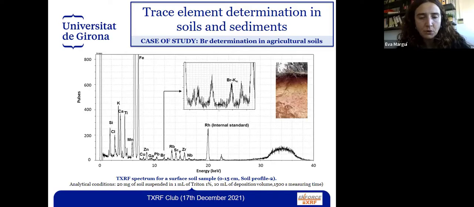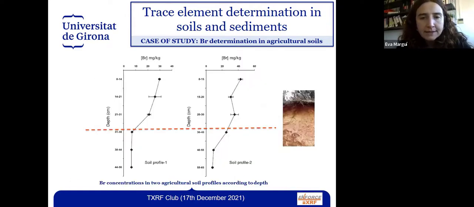Here, as an example, you can see the spectra obtained for a surface soil sample. And here you can see the concentration of bromine at different points of the soil profile. From this study and the TXRF results, we can conclude that the bromine was accumulated more in the upper layer of the soils, up to a depth of about 30 centimeters.